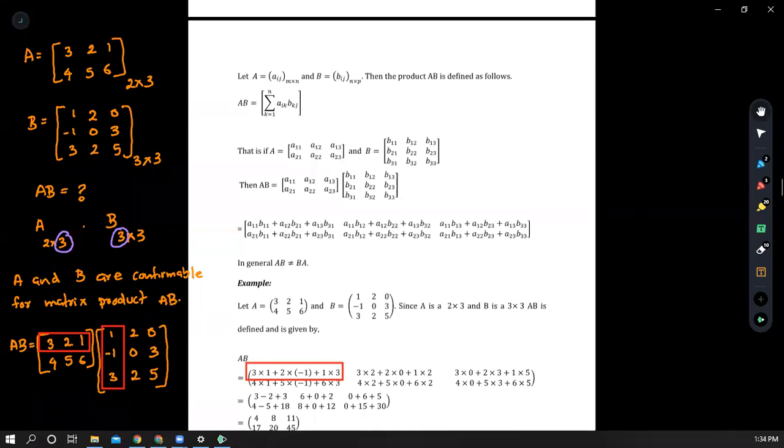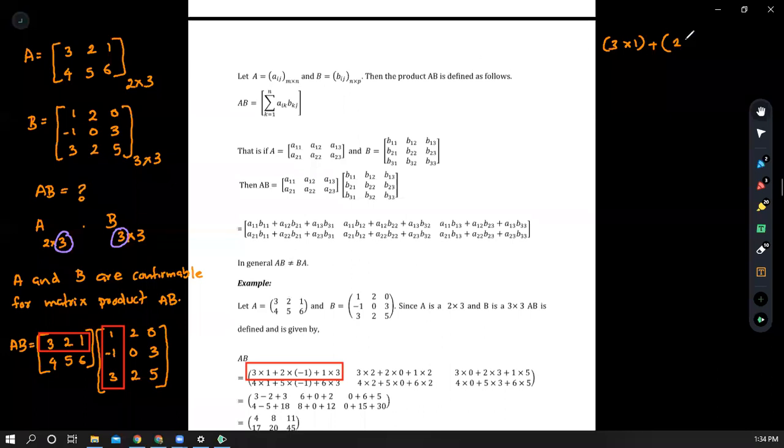The next thing I would like to highlight is that when you are writing the first row, first column element, it is better to use brackets for this calculation. It will make the calculation really easy for you. The first quantity is given by 3 multiplied with 1. Then this is added to 2 multiplied with minus 1.